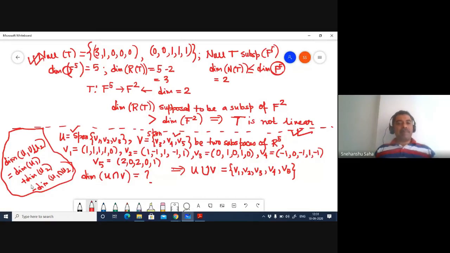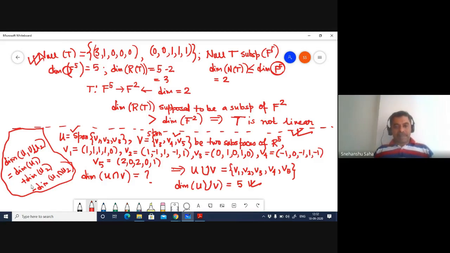It's easily checked that these 5 vectors are linearly independent. So that means the dimension of U union V would be five.